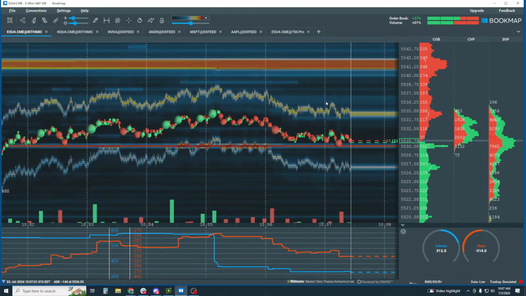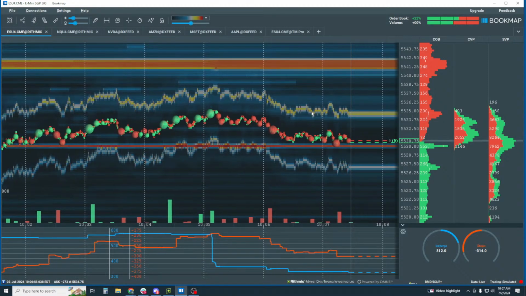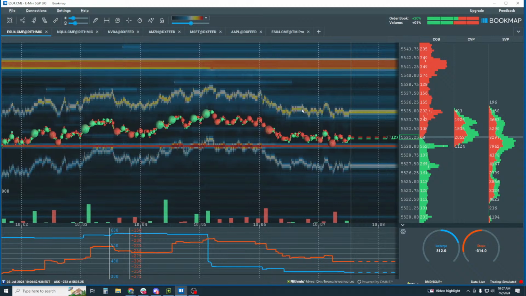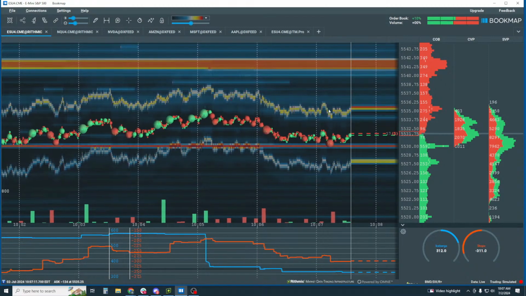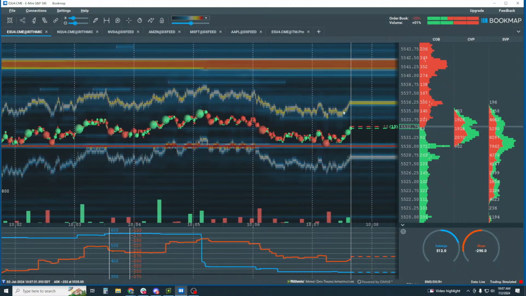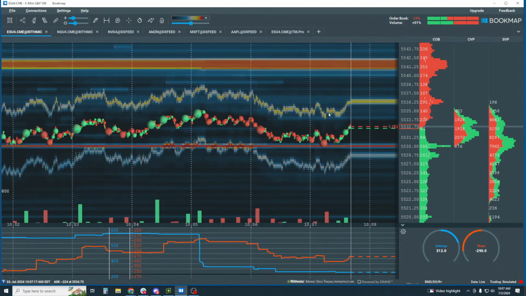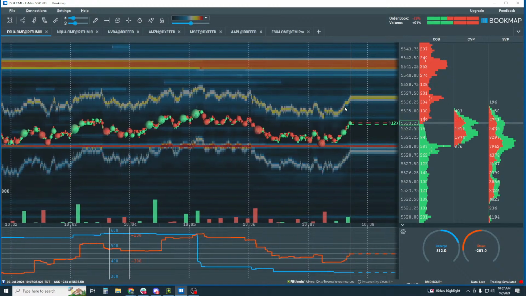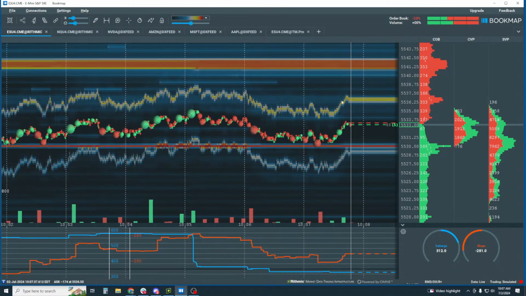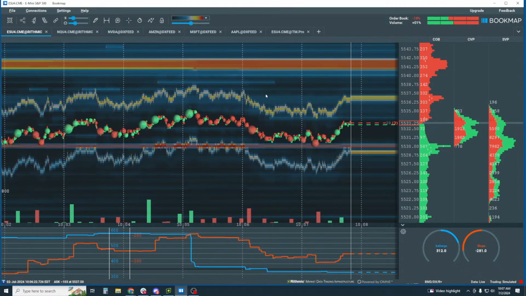So what we can do is filter out this activity by the time that they're in the market or how long they're at a price level. Because we know it's high liquidity, that's for sure because of the color. However, it's not in the market for very long. It just keeps on moving, right? So we want to filter that out.